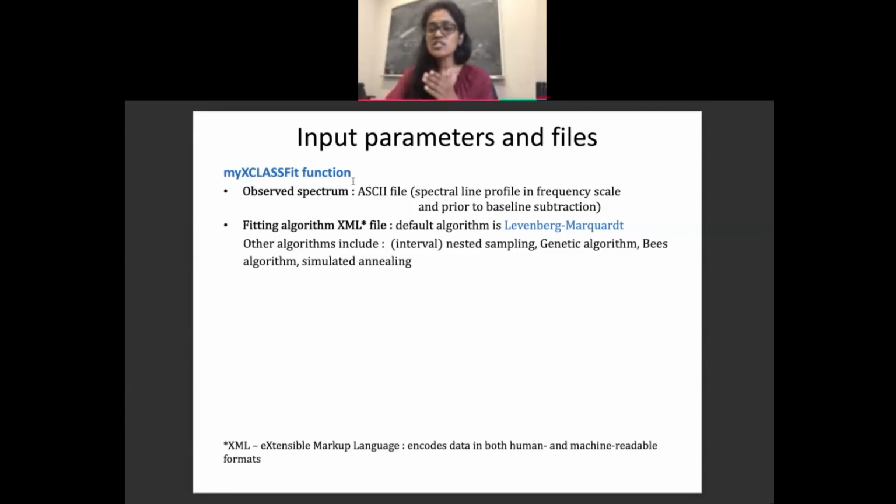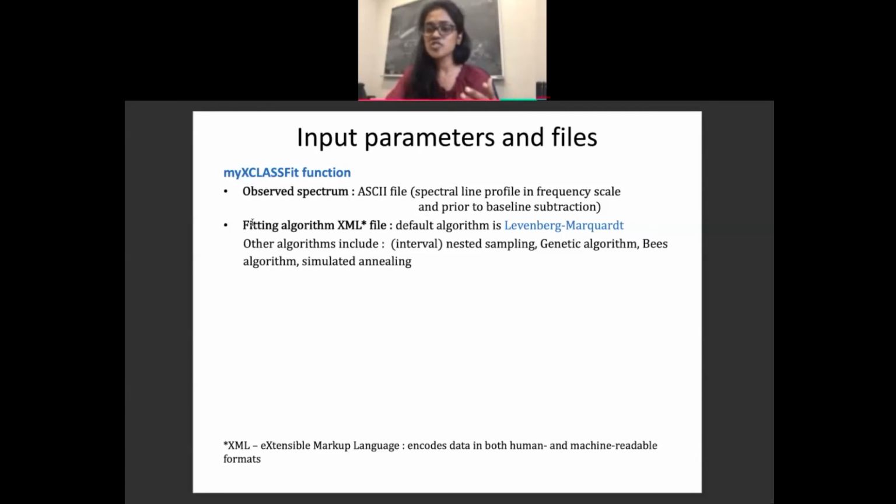And if it has to identify different components, be it disentangling the contaminants along the line of sight or the line that you're concerned with, it requires this frequency information. In addition, it also requires continuum data. So your spectra should be prior to baseline subtraction, which is very important for the absorption spectra that we're dealing with. The next thing that you require is the fitting algorithm in the form of an XML file.